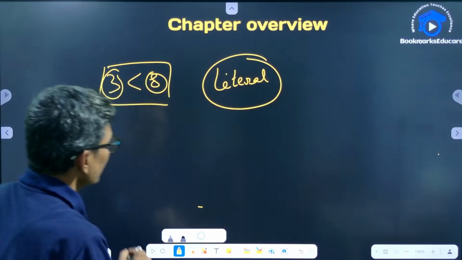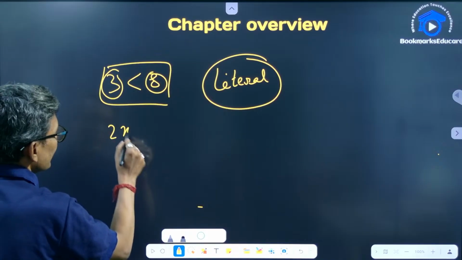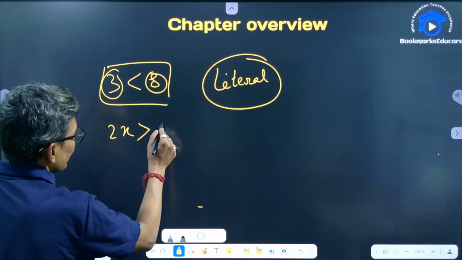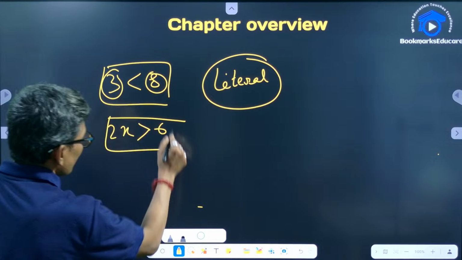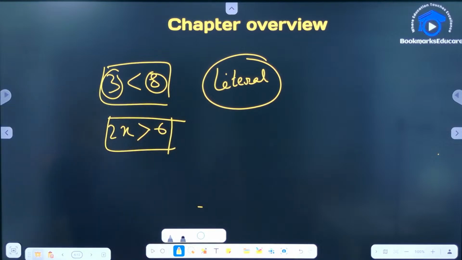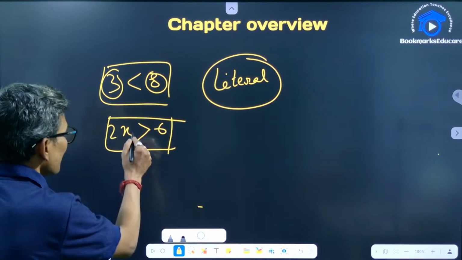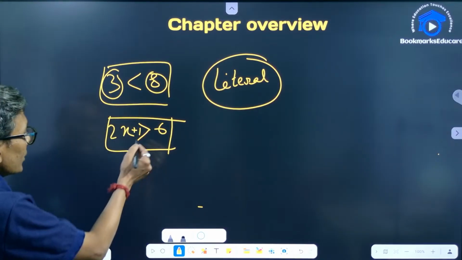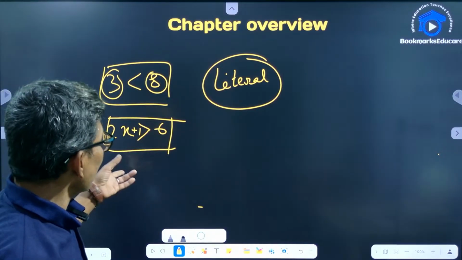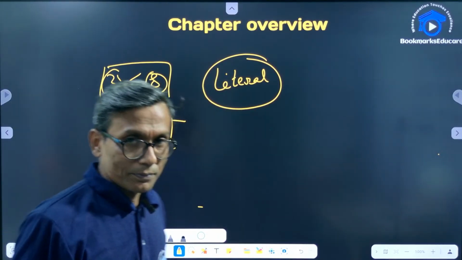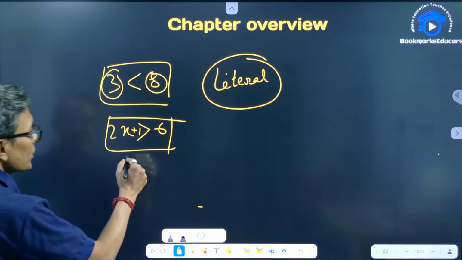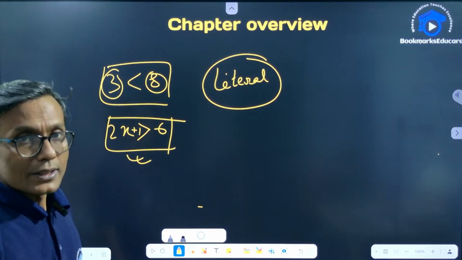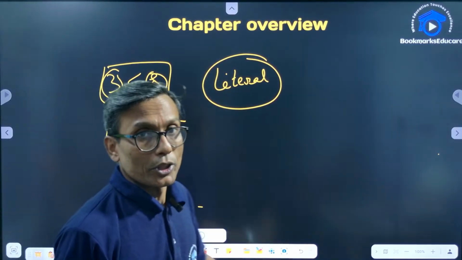What is literal inequation? Suppose 2x greater than 6. This is known as literal inequation. क्योंकि यहाँ पर suppose 2x plus 1 greater than 6. So in this inequation a variable is involved. So that is why this inequation will be considered as literal inequation.